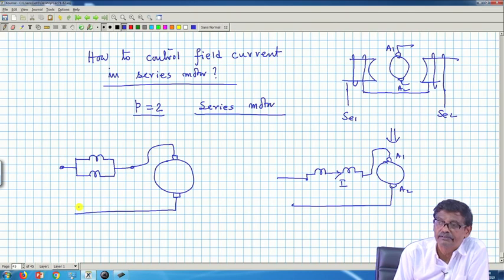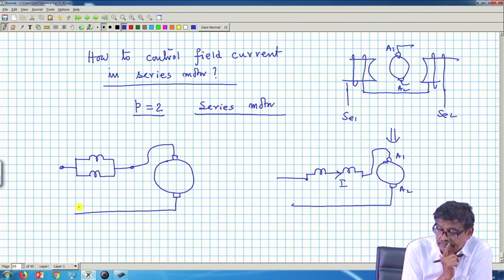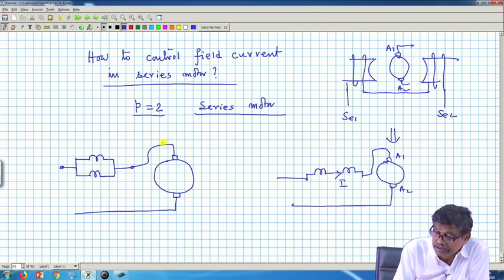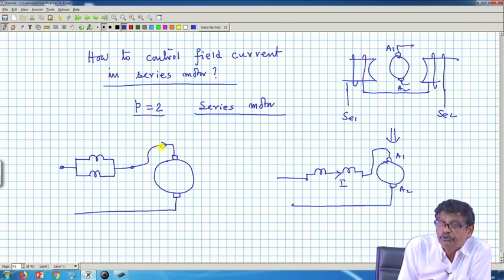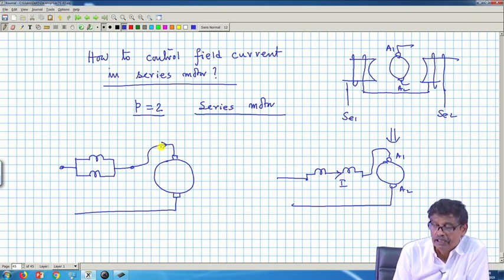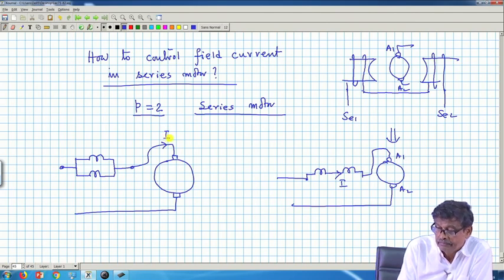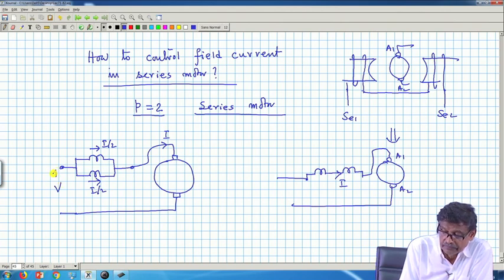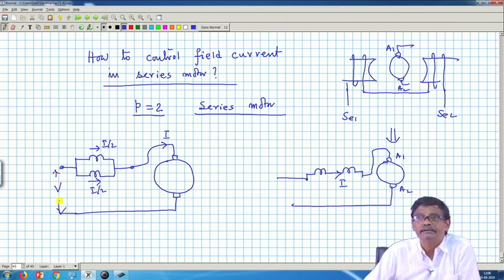I can do that. In that case, the armature current and the current which is producing flux per pole will be different. In fact, if the armature current is I and these two coils are identical, this will be I by 2 and this will be I by 2. This is your supply voltage V. Got the idea?